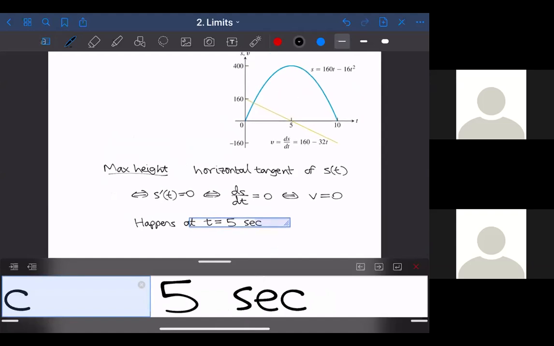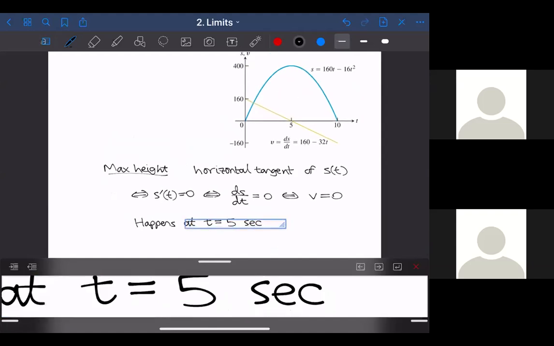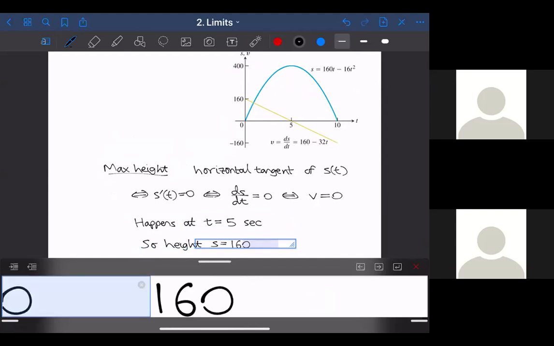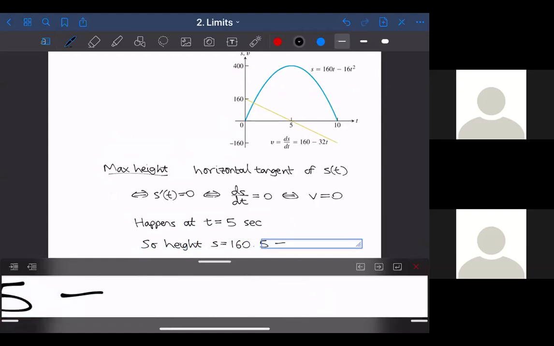Okay, but we want the height at that point. So the height, S, is, well, it's here, 160 times 5 minus 16 times 5 squared.